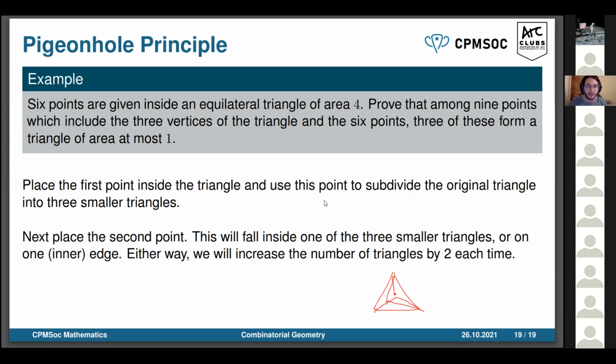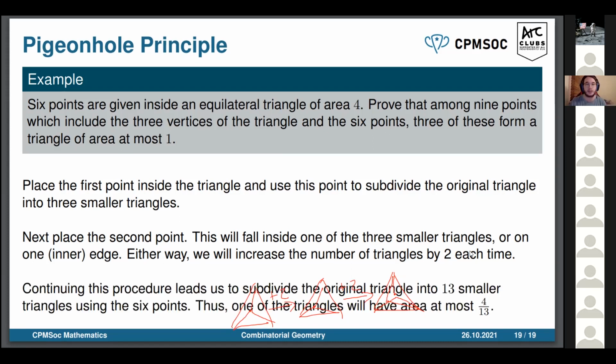So the process of going from this to this adds 2 triangles, right? And the process of going from the big triangle and subdividing it into 3 also adds 2 triangles. And if we continue this process, each step of the way, we're going to add 2 triangles, right?